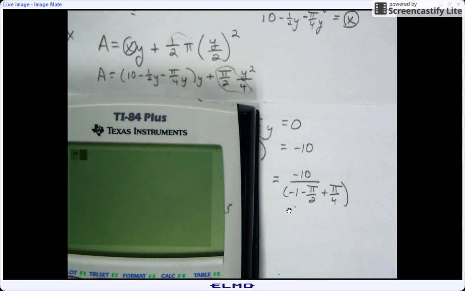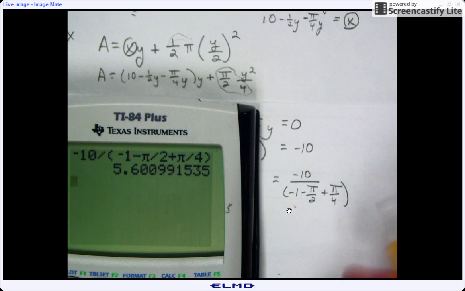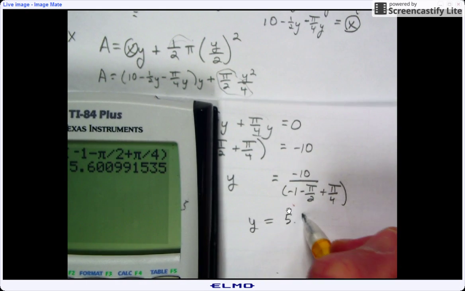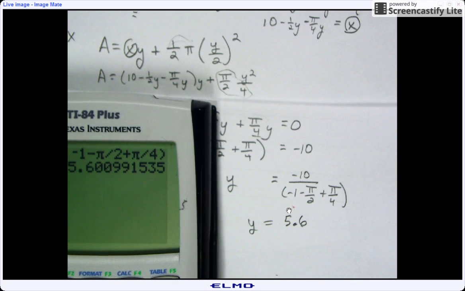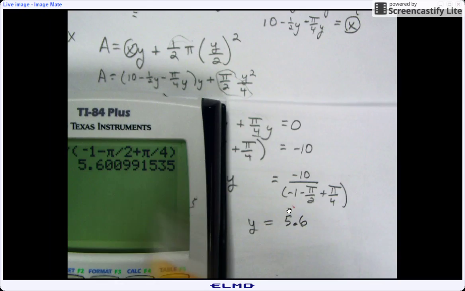So negative 10 divided by negative 1 minus pi over 2 plus pi over 4 is 5.6, and it comes out to a pretty nice decimal there. So y equals 5.6, and we'll leave it at just 5.6 because there's enough zeros here.